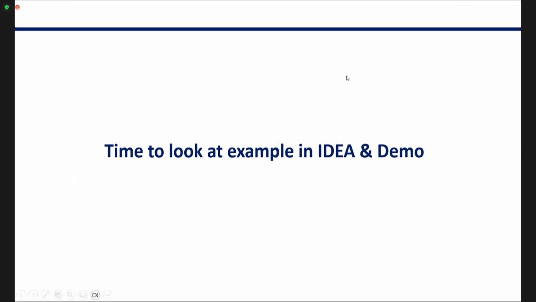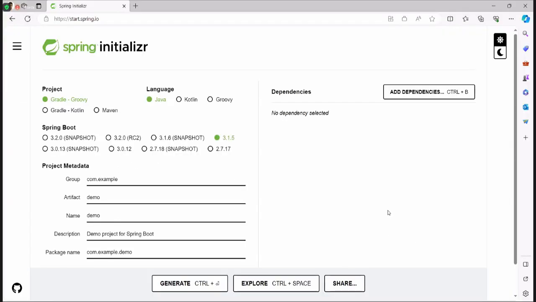if we're talking about Spring Boot, then most probably the first place we go is the Spring Initializr. Let's take a look. Here it is. This is the site start.spring.io.